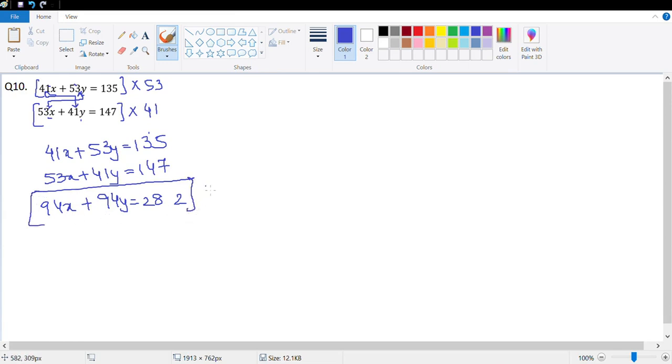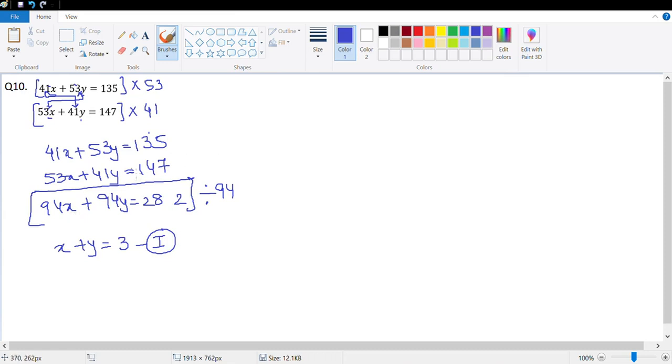Let's divide both sides by 94 because 94 is common to both the sides. So that gives us x plus y is equal to 3. Yes, 94 into 3, that's 282. So now we get a simpler equation, which is x plus y is equal to 3.